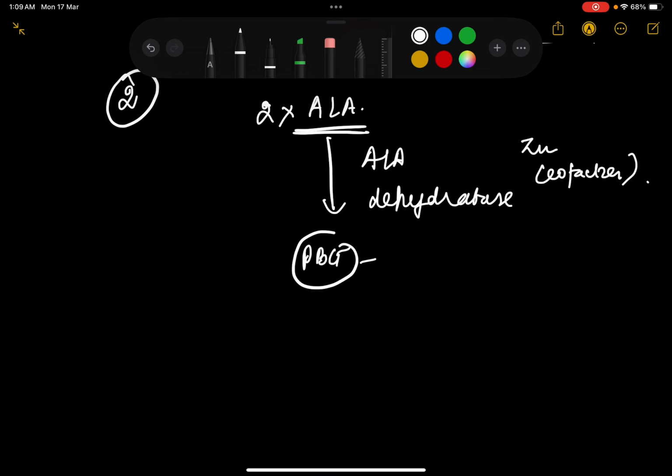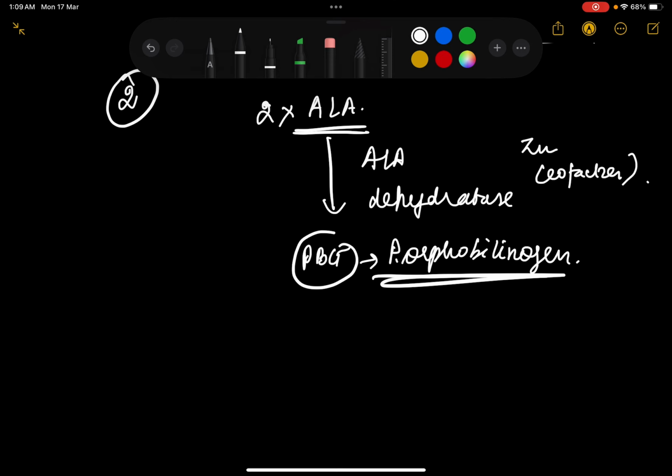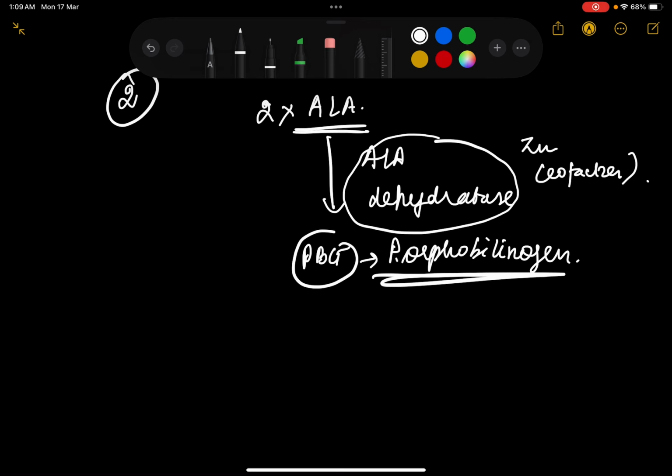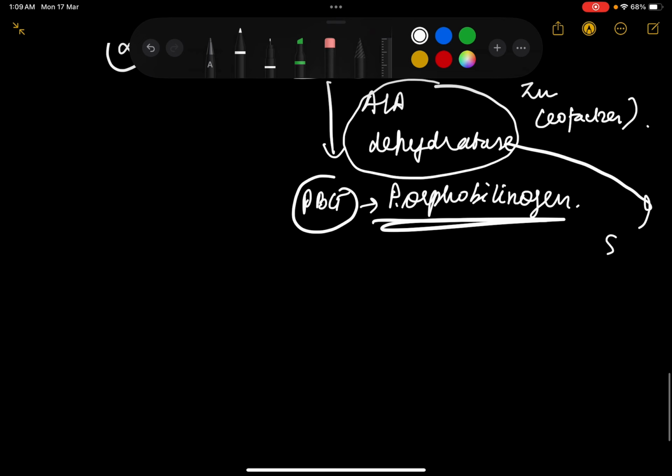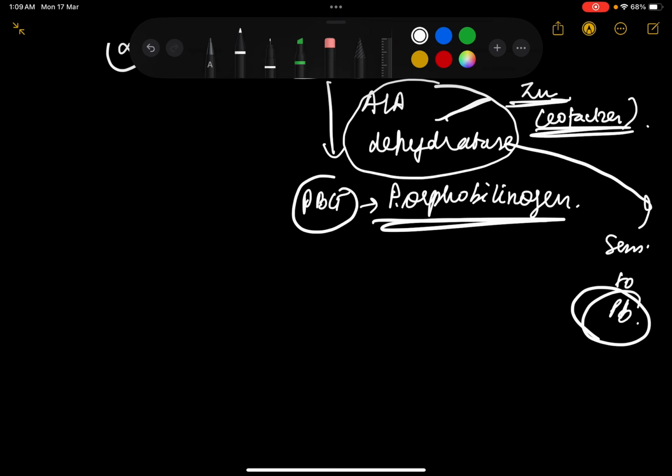Now what is PBG? It is porphobilinogen. They will form porphobilinogen. Now this enzyme dehydratase is very sensitive to lead. Why? Because lead can displace zinc, and if lead displaces zinc, this enzyme cannot function.